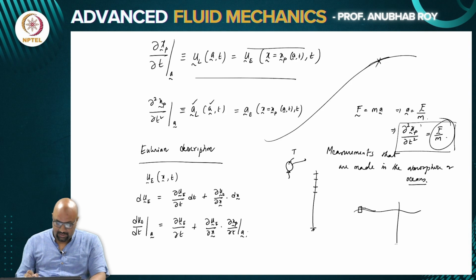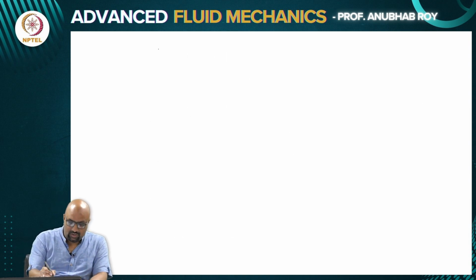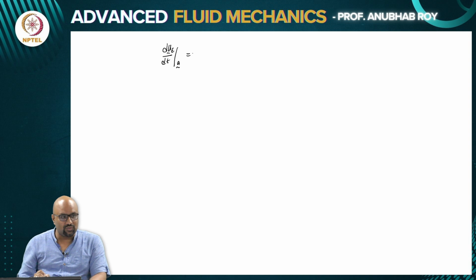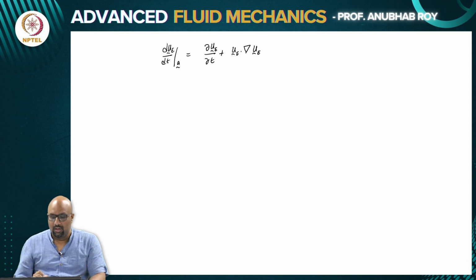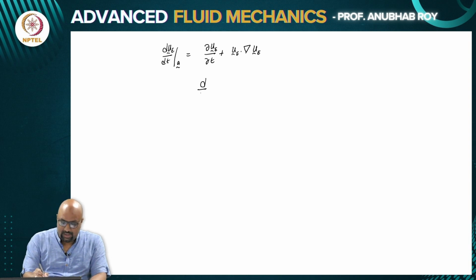So this gives us a very important relation, which is that the acceleration that I am interested in, given that it starts from the same initial location, is ∂u_E/∂t plus u_E dot del u_E. Sometimes you write it with a capital D, D/Dt.